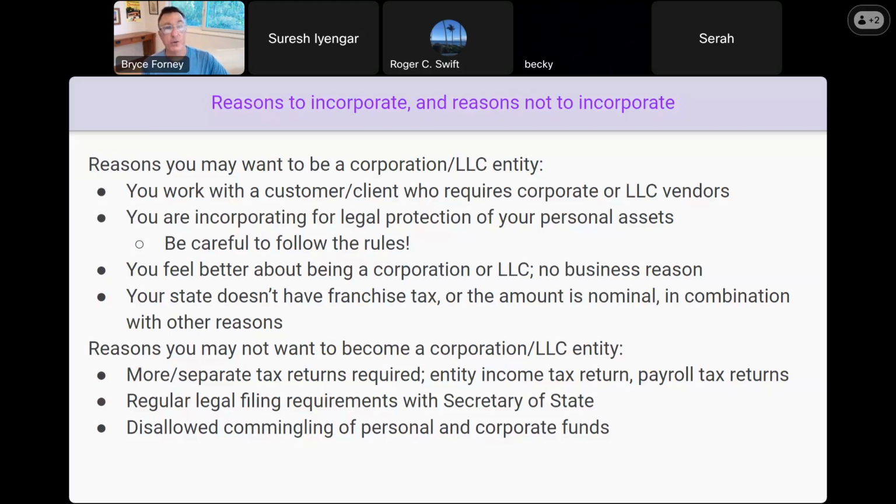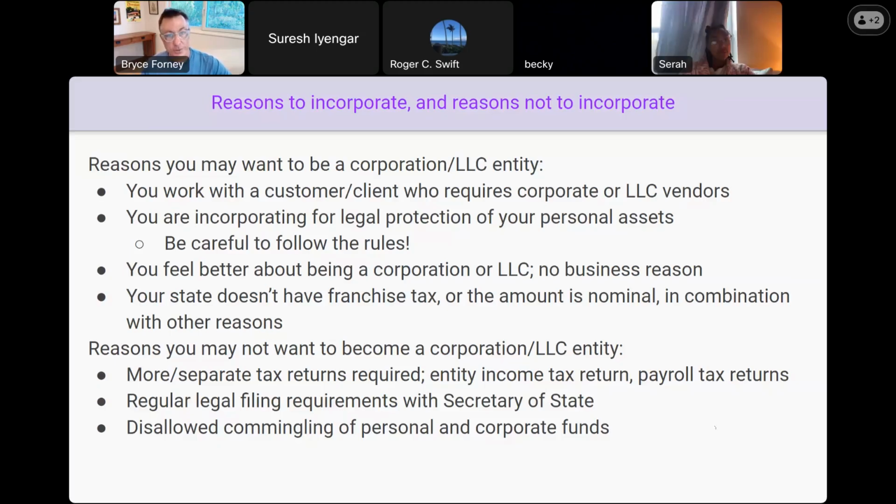Many of them have a requirement that they only do business with other entities, that they won't do business with sole proprietors. And I think that stems from the independent contractor versus employee debate. And if they're doing business with another corporation or LLC, that kind of avoids the IRS looking into that.